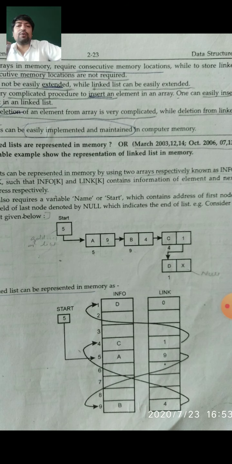So number 5 is present at the start node, and the arrow pointer points to the next node having the data, or we can say the data element or the information part contains A, B, C and D in the different nodes of the linked list. So whenever different nodes are connected with each other, it is shown by the linked representation, and you can see it with the help of the link arrow.